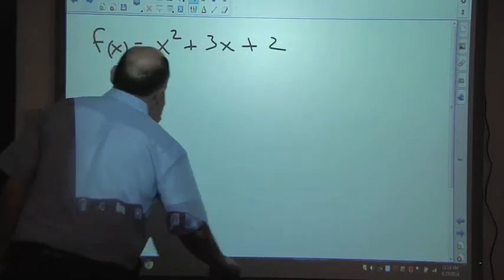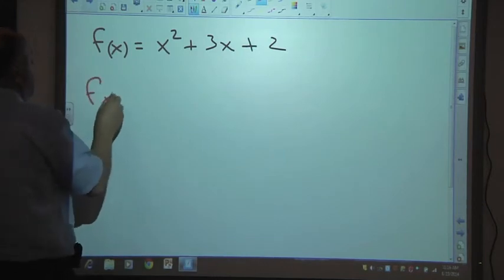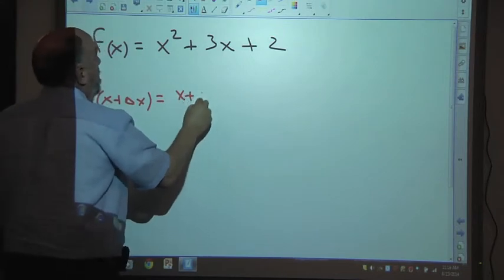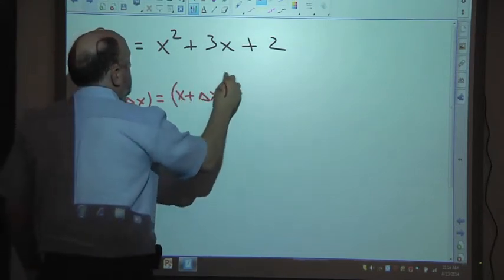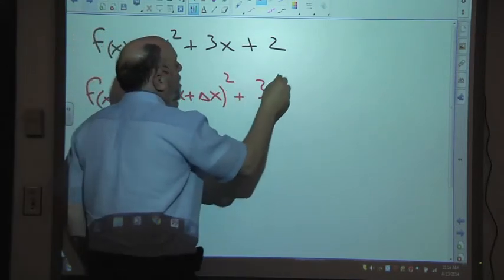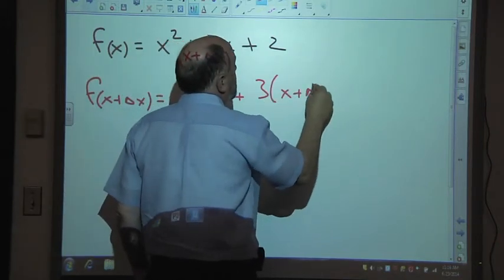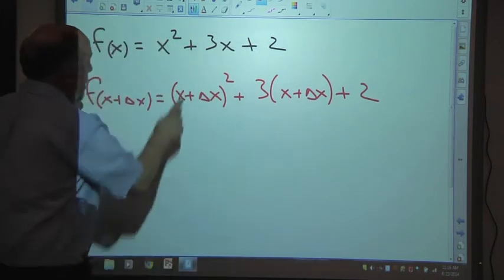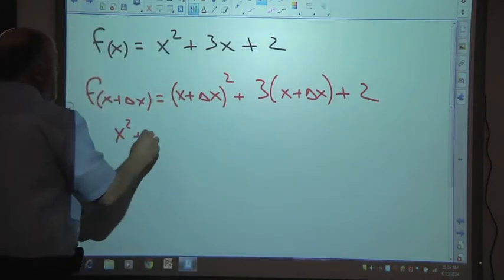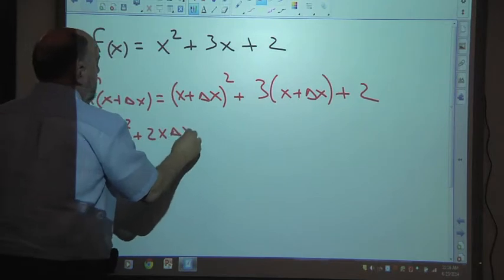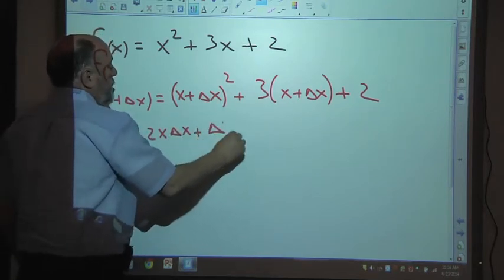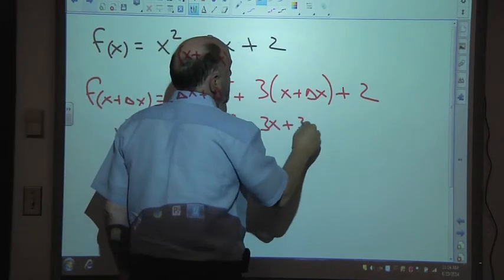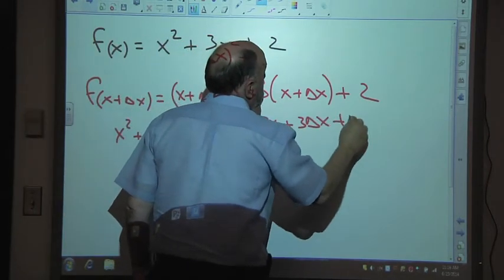And then if we use f of x plus delta x, we get x plus delta x squared plus 3 times x plus delta x plus 2. And then this became x squared plus 2x delta x plus delta x squared plus 3x plus 3 delta x plus 2.